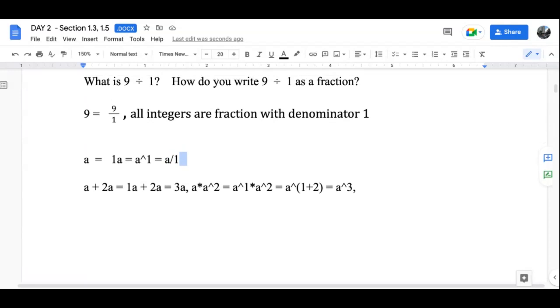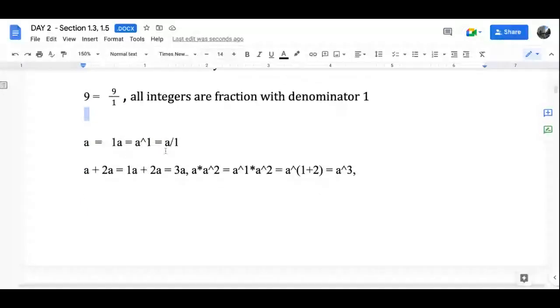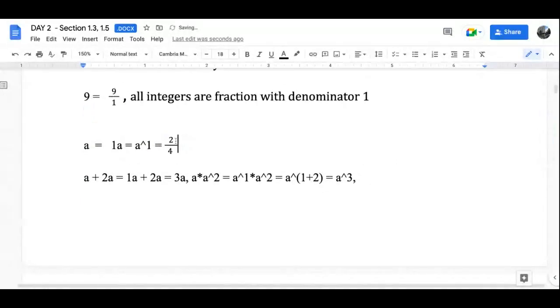Maybe I use a better version for this. A divided by 1. So by default, a is 1a, has a coefficient 1, has exponent 1, has a denominator 1.